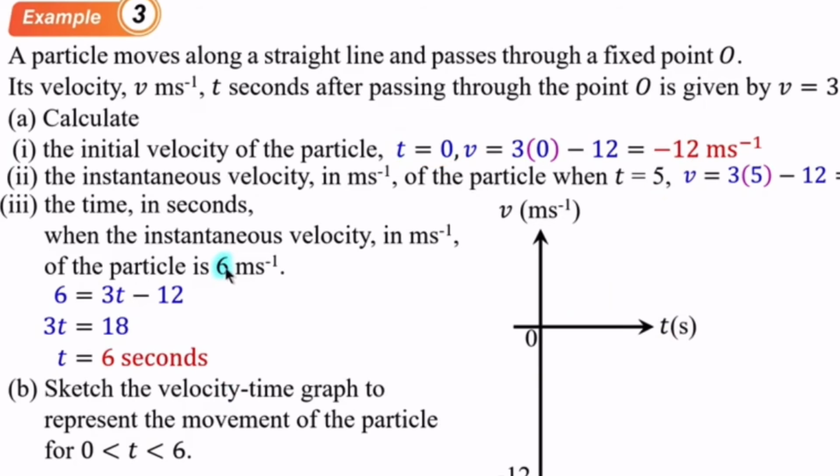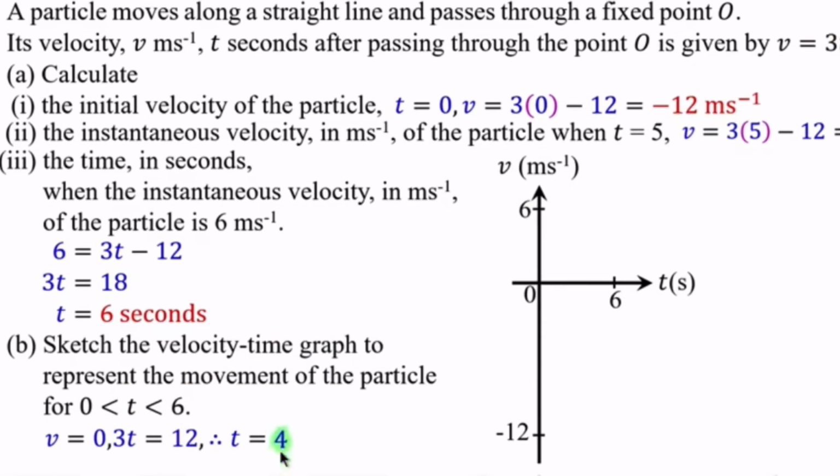So we can plot a straight line to show the graph for velocity with respect to time. Sometimes the graph is linear, and sometimes it's quadratic, and it can be cubic also. So let's plot the points first before we draw a straight line.